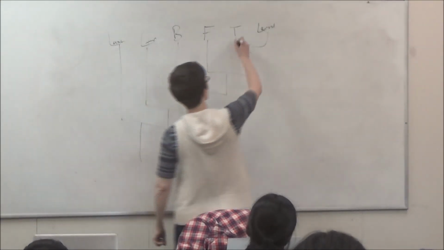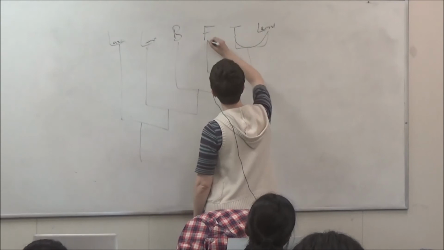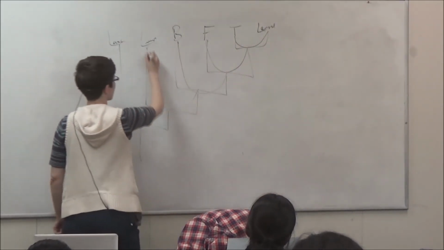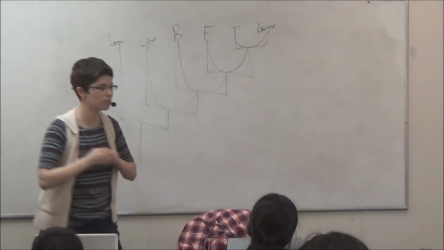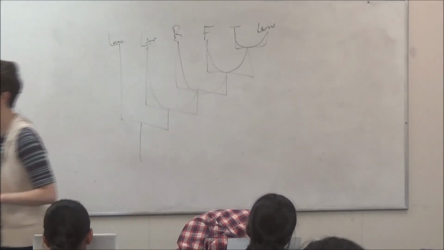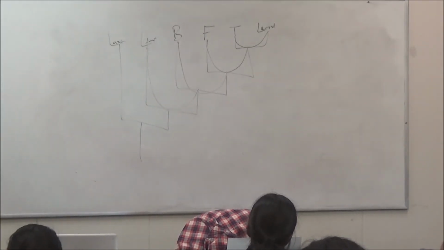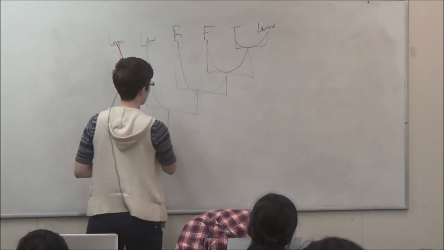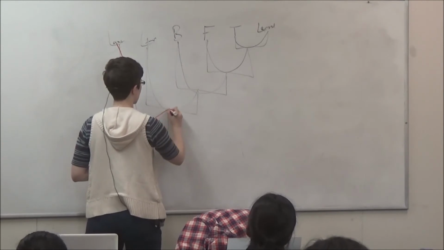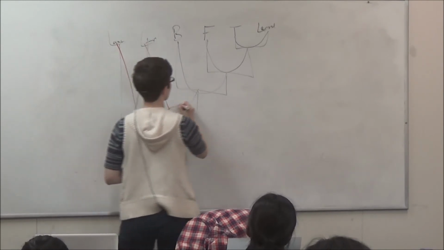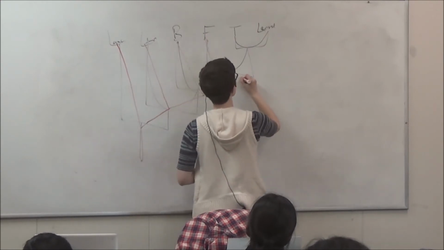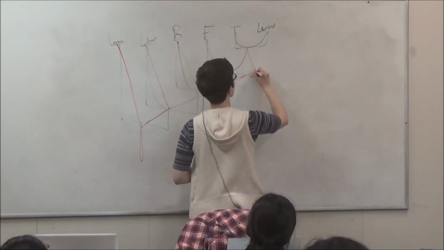If I wanted to do it curvy, I could have done it curvy. That's okay. If I wanted to do it using a bunch of V's, I could have done it with a bunch of V's. Let me see if I can draw that here like this. And then that, that, and that.